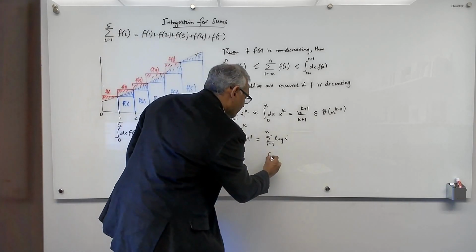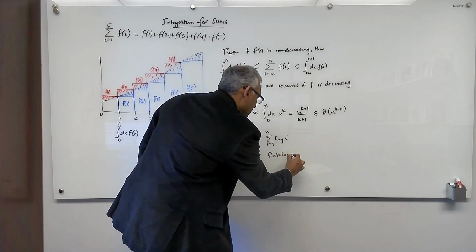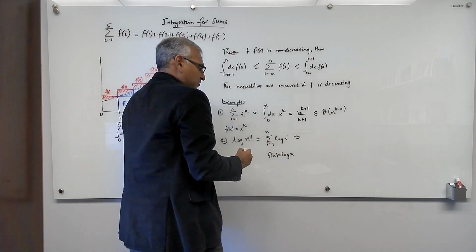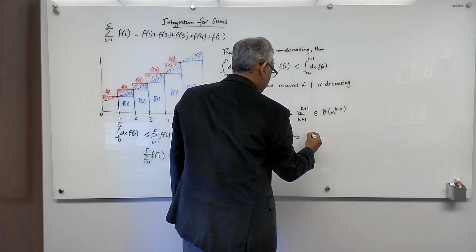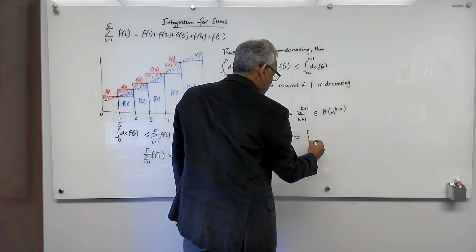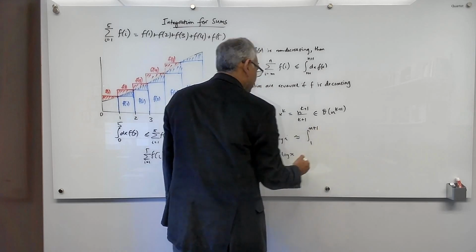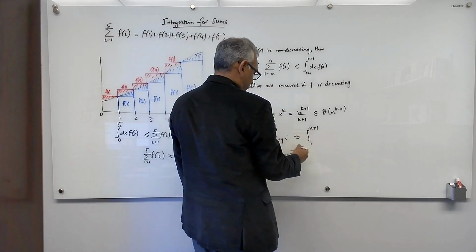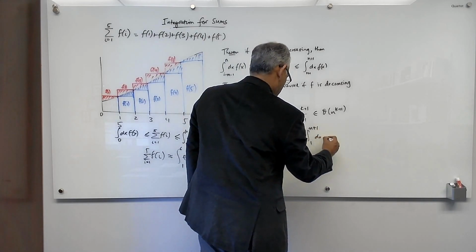But now I can set f(x) equal to log x. So this is approximately equal to the integral from 1 to n plus 1 of log x dx. Strictly speaking this is an upper bound, but I'm just saying approximately equal.